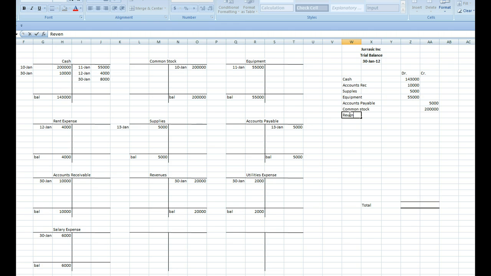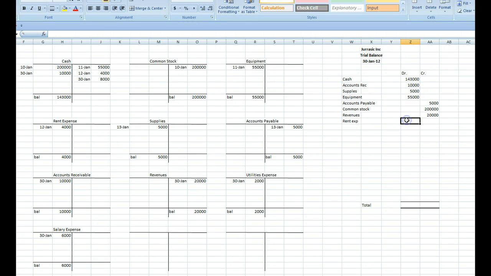Revenues again have a credit balance here of 20,000. So we will go ahead and put 20,000 here for revenues. Once our revenues are over, we go on to our expense accounts. We got 3 expense accounts. We got rent expense, which has a debit balance of 4,000.